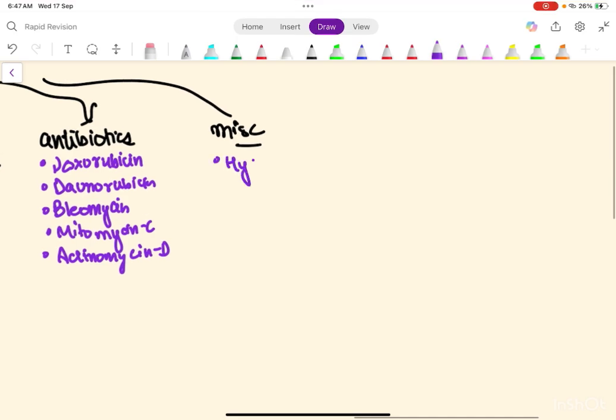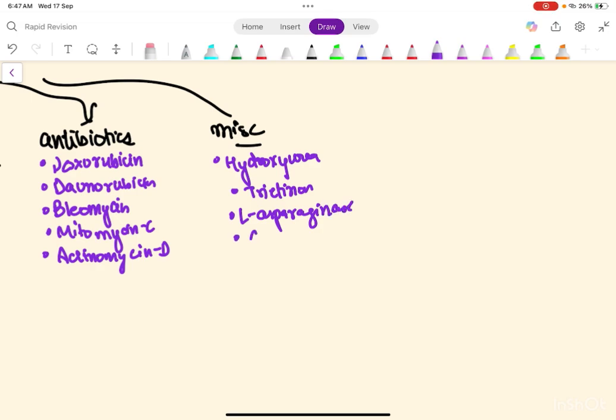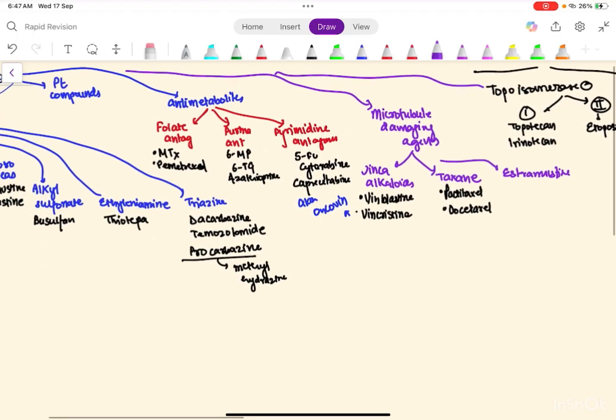Now over here we have hydroxyurea, then we have tretinoin, then L-asparaginase, then we have a lot of drugs like aromatase inhibitors, hormone related, alright, and so on. So we'll just talk about them individually.